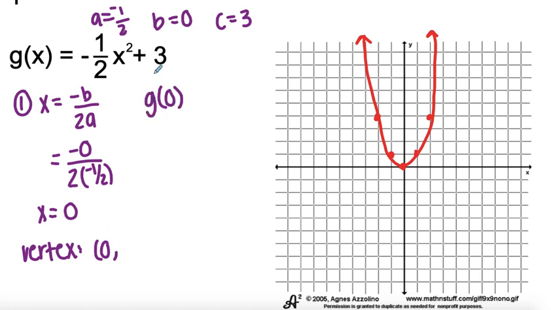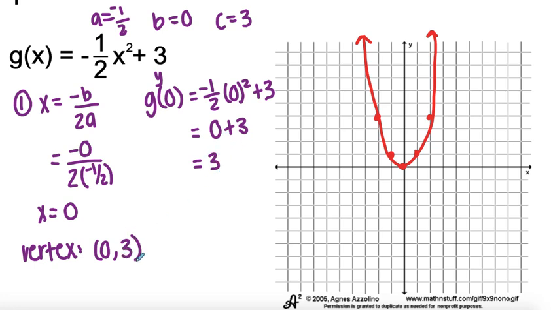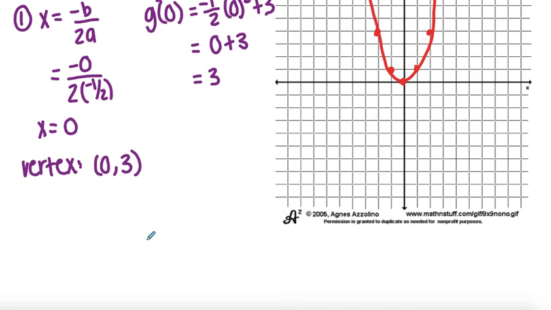So I have g of 0, which again is the same thing as y, equal to negative 1/2 times 0 squared, plugging in 0 for x, plus 3. Well, this whole thing just comes out to 0. And then 0 plus 3, and I get 3. So my vertex here is at 0, 3.